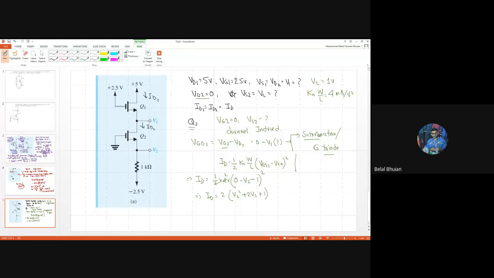So I need another equation to solve this problem. How can we obtain another equation? ID can be written as V2 minus 2.5 divided by 1. Can anyone do the calculation very fast?